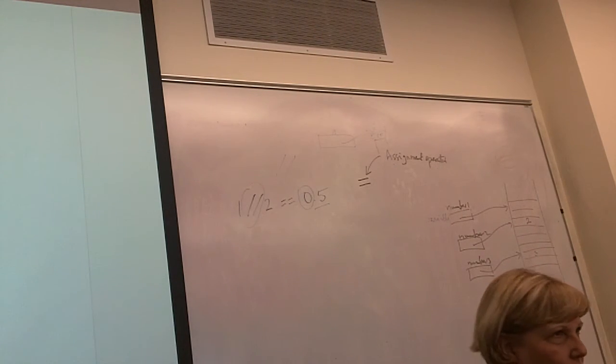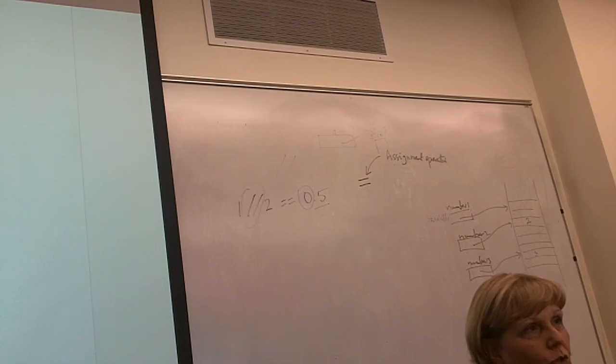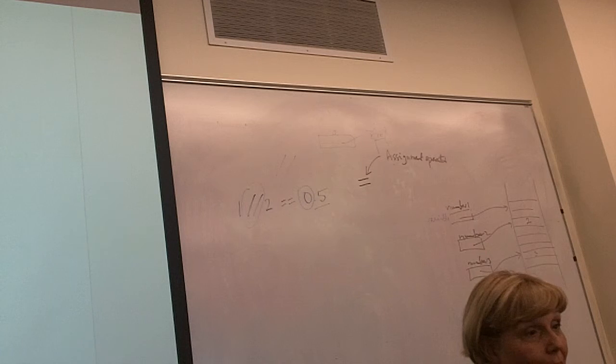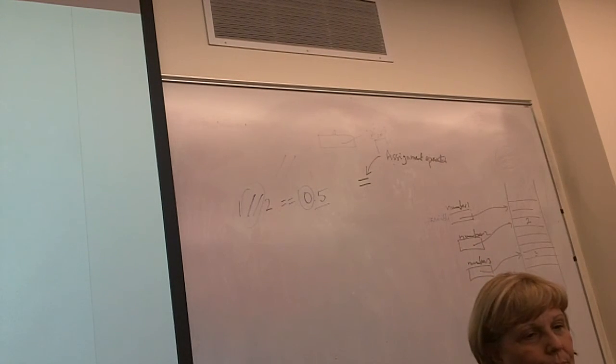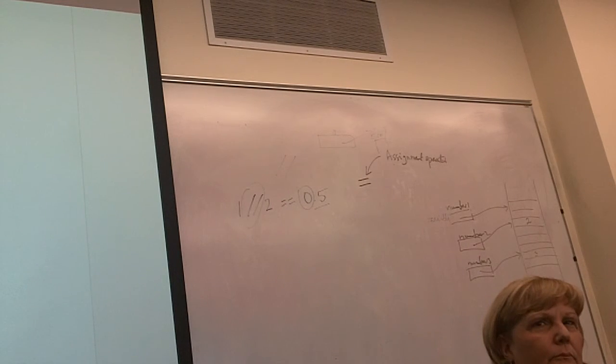The double slash is the integer division, and the single slash is the float division or real division. You have to be careful you don't get those mixed up.